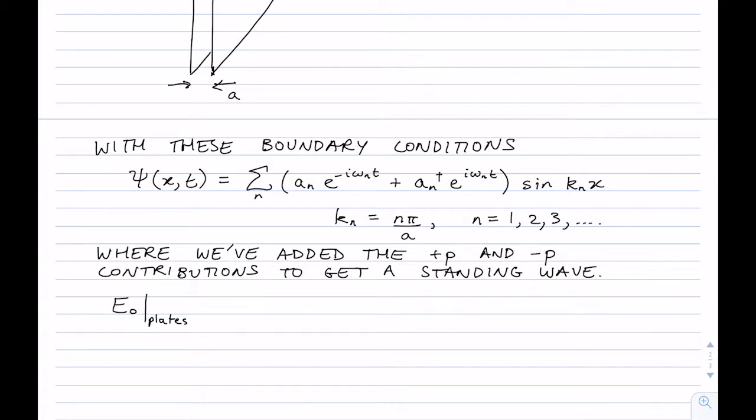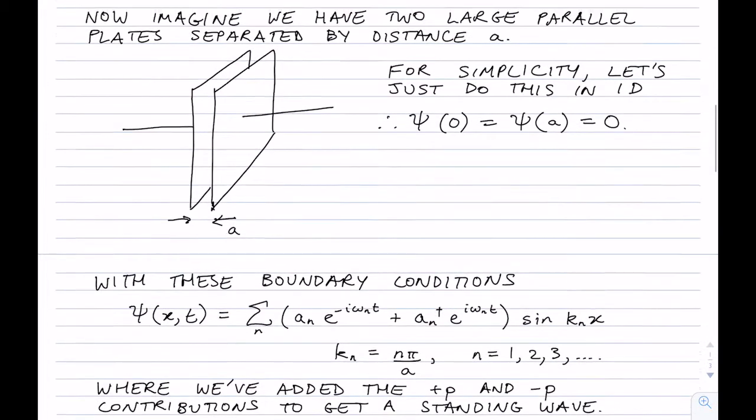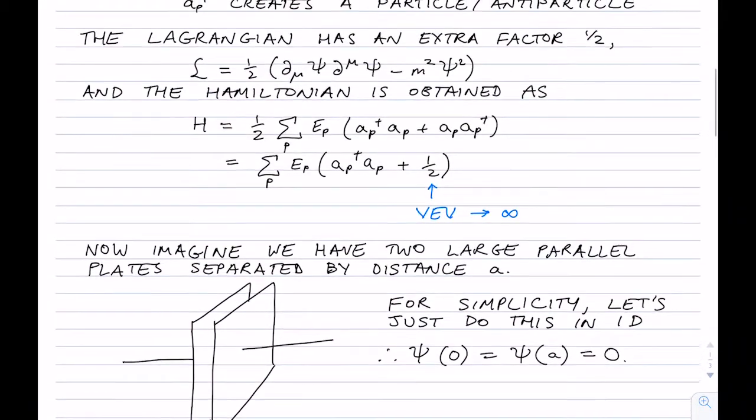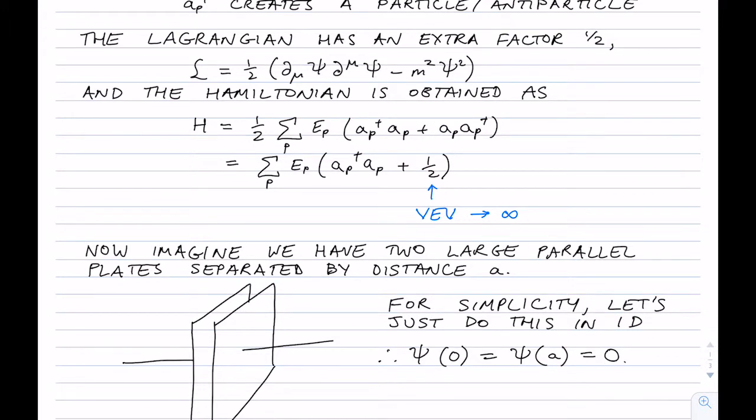So the vacuum expectation value between the plates is a half sum over n of ω_n. So just looking back at our equation here, that's that factor of a half, and it was a half times E_p.